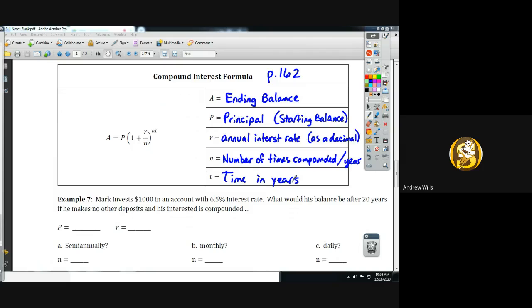Now for n, there are a number of different words that can be used. You probably won't see annually, but that would be n equals 1. Semi-annually would be n equals 2. Quarterly would be 4 times a year, or n equals 4. Monthly, well, there are 12 months in a year.